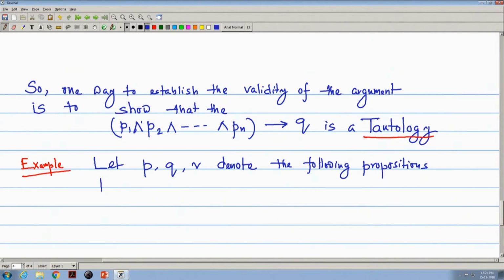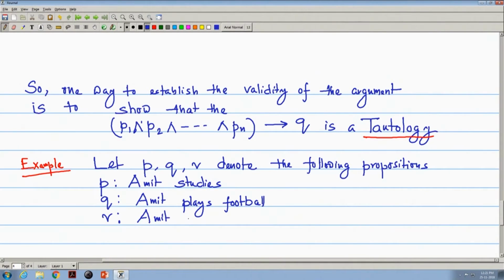P: Amit studies. Q: Amit plays football. R: Amit passes the discrete structure course.